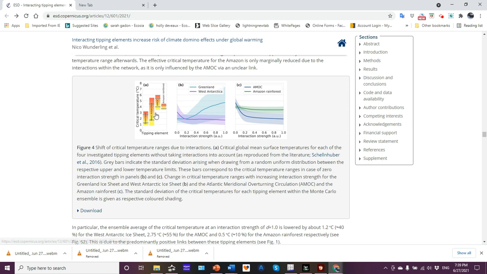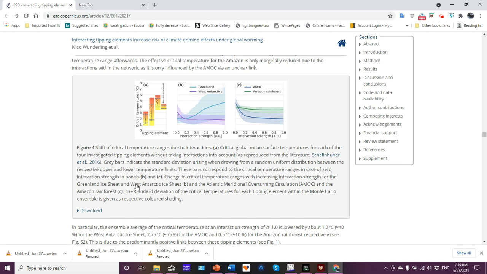Gray bars indicate the standard deviation. Okay, these bars correspond to the critical temperature ranges in cases of zero interaction. Now, B and C, changes in critical temperature ranges with increasing interaction strength along the x-axis.